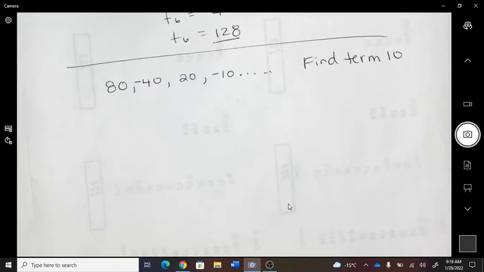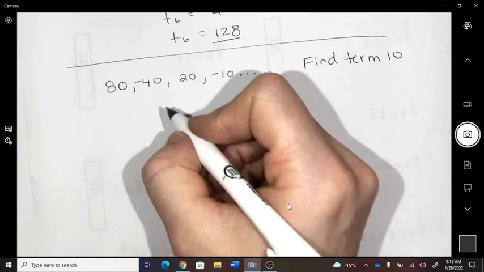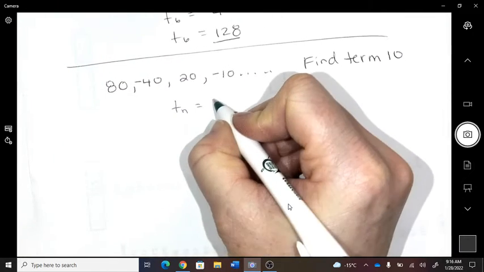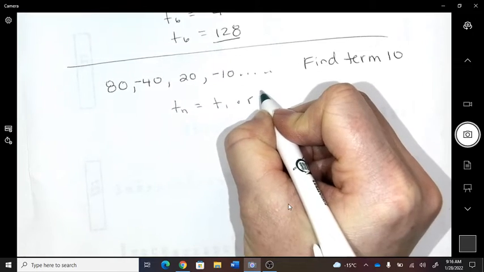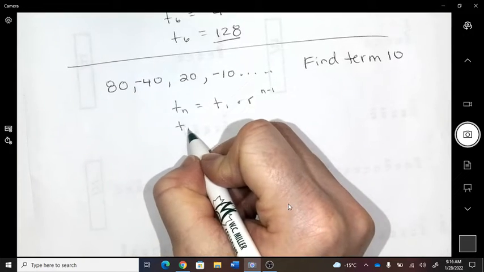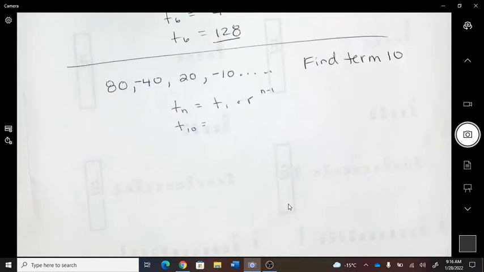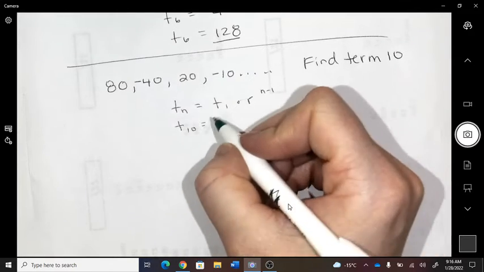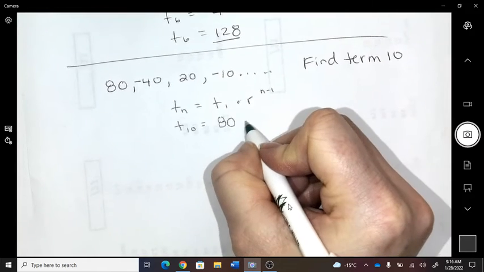Find term 10. Okay, I'm just writing the formula here. You don't need to do this, but we'll fill it in. Okay, so term 10 equals the first term, so that's where an 80 will go.